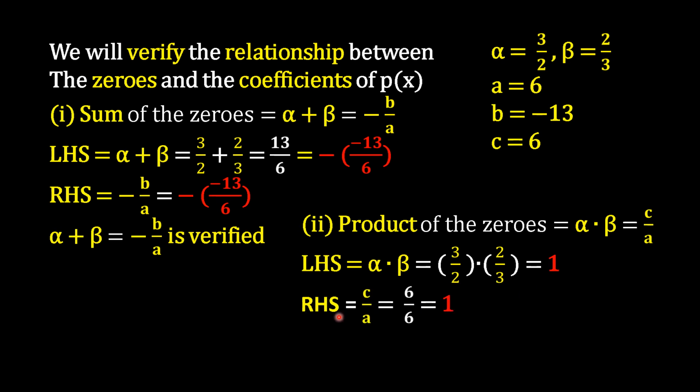Right hand side will be c upon a. c is 6, a is 6, which gives us 1. Here, left hand side and right hand side both are equal to 1. Therefore, we can say that the relationship alpha beta equals c upon a is verified.